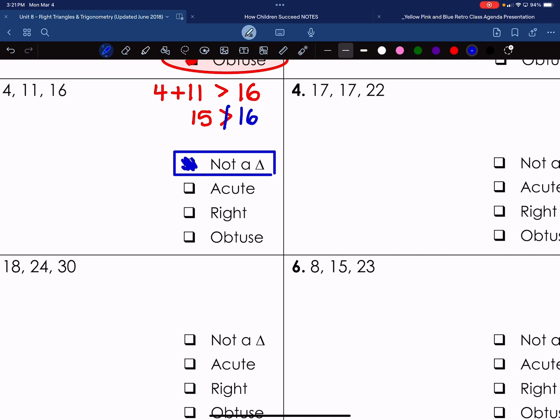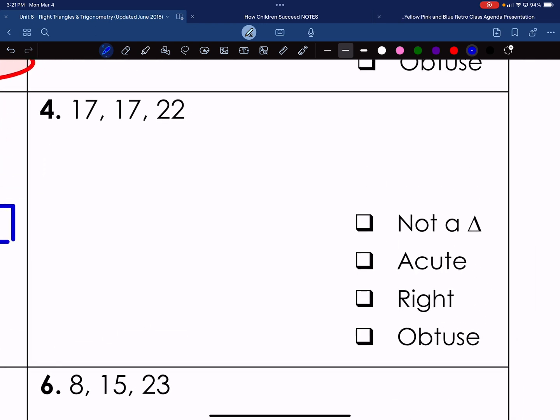Yeah, so it will be less than that. So it's less than. So if it's less than, what is it? Okay, so is 17 plus 17 bigger than 22? Yeah, so it's a triangle.